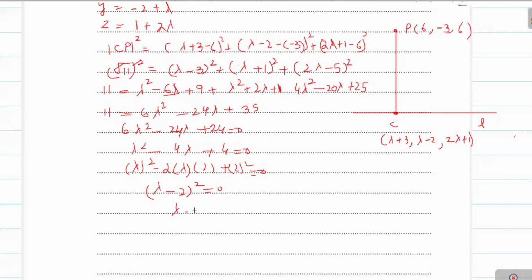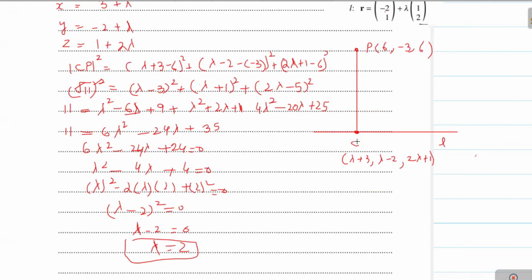Therefore, lambda minus 2 equal to 0, and lambda will be equal to 2, and this will be the value of lambda. Now the lambda is 2, we can write 2 plus 3, 2 minus 2, and 2 into 2 plus 1. Therefore, we write 5, 0, 5.